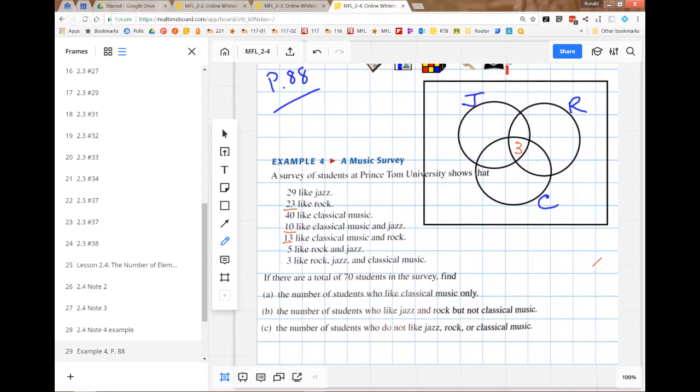All right. So basically, start on the bottom and work your way up. Now that we've done the 3, and that's the only 3, let's start doing what? The 2s. So next, let's do that one. 5 like rock and jazz. Well, so in your picture, where do rock and jazz, where do those 2 circles intersect? At the top? Right above that? Well, isn't this whole thing where they intersect?